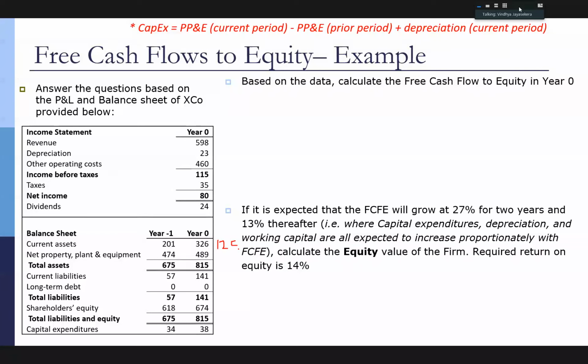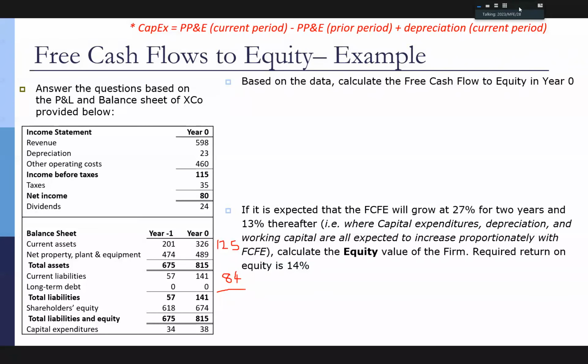That's the increasing current assets. And then your increasing current liabilities, 141 minus 57, that's 84. So 125 minus 84, you get a positive figure.